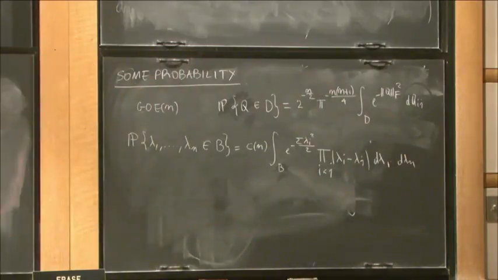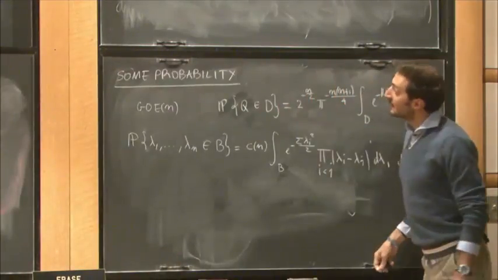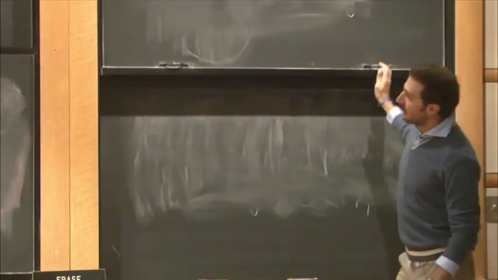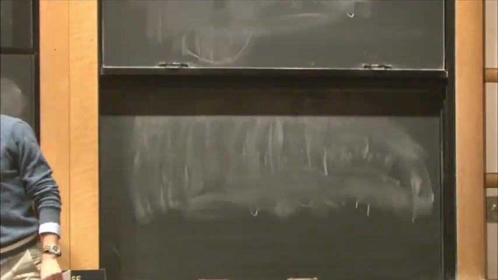Okay, this is just the joint density for the eigenvalues. This is what I need in order to give you a proof of this statement.